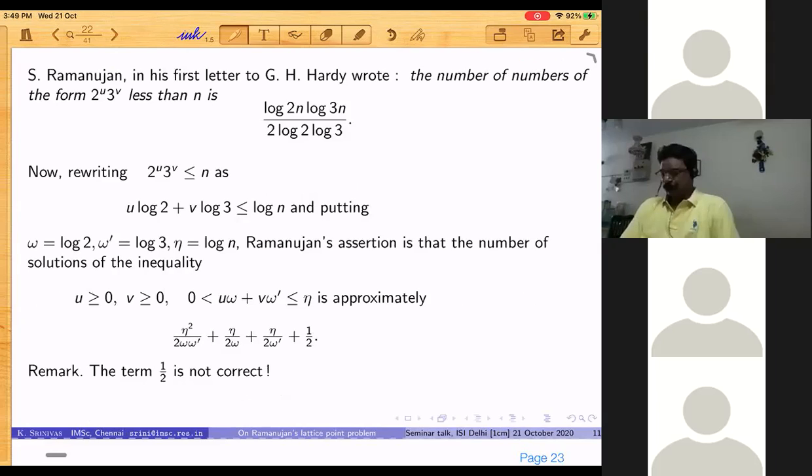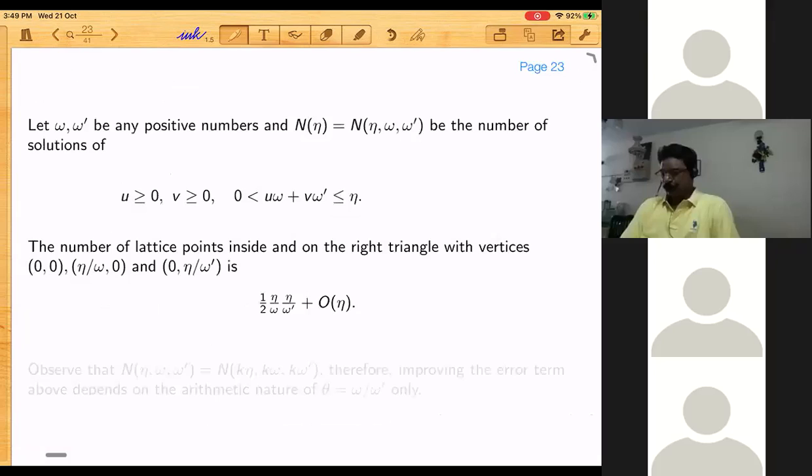However, in later years, he applied much more sophisticated methods and got improvements over the results. All right. So we see, as we have discussed in the beginning, that the number of lattice points inside a closed region bounded by a continuous curve is given by the area, and the error is order of the perimeter.